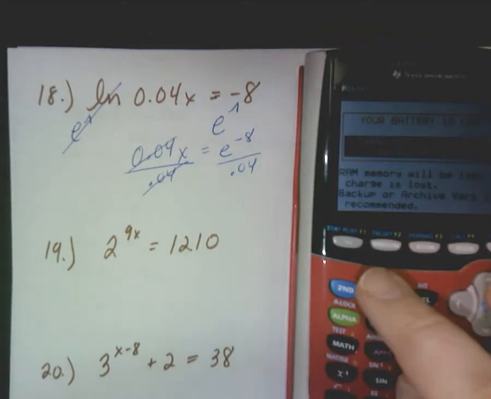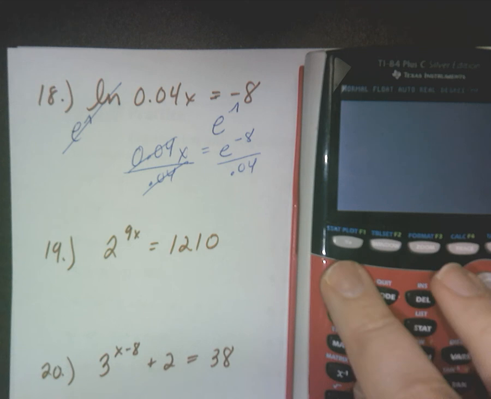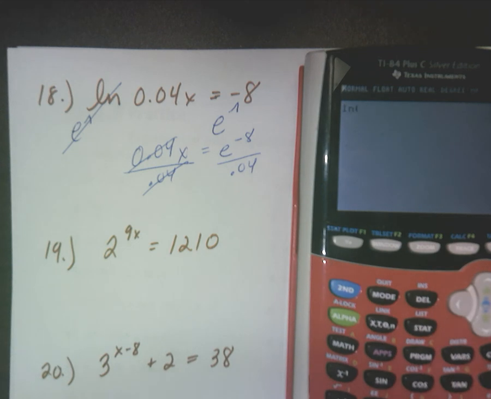So the e of negative 8, and then divide that by 0.04, and you get 0.008.